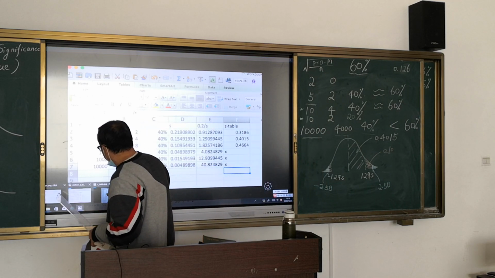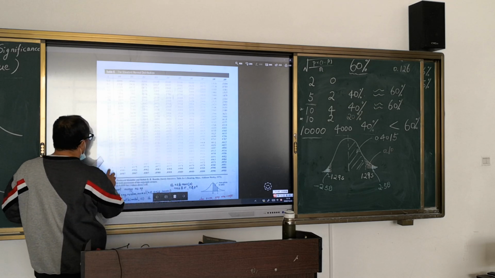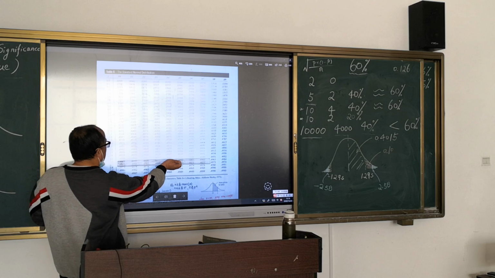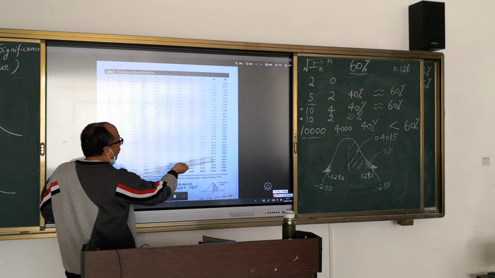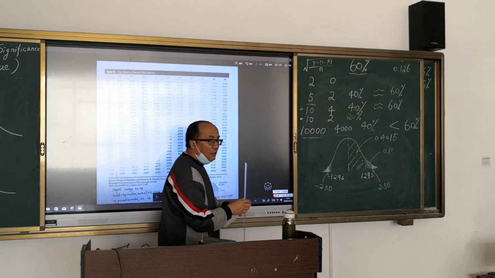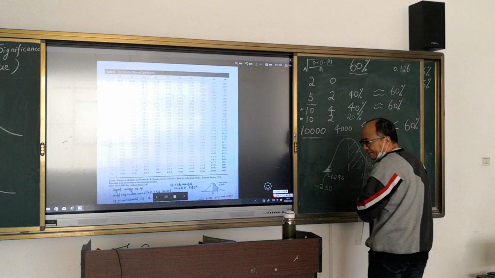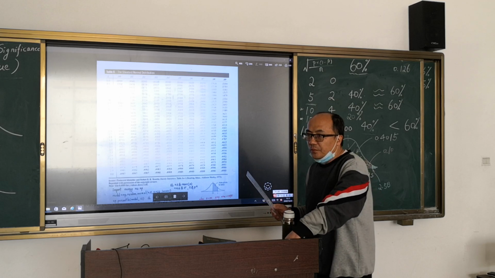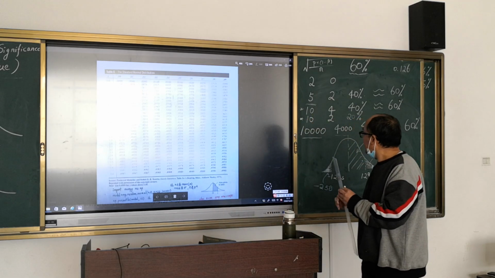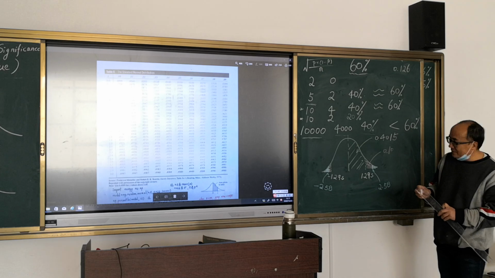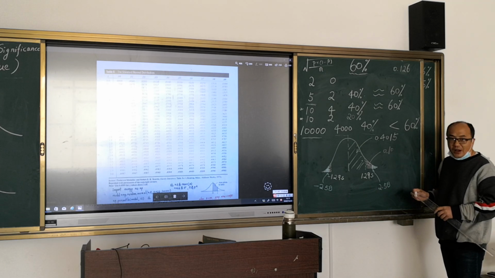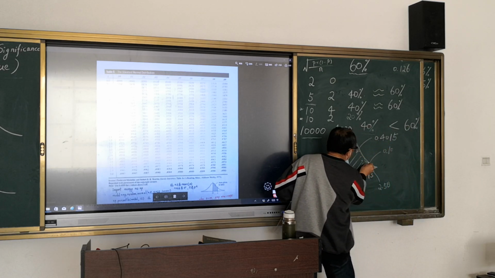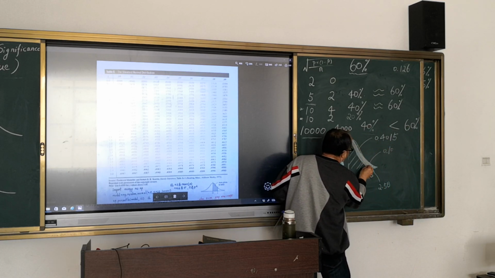Where is the Z table? 2.58. So 4951. What does 4951 mean? It means this area.